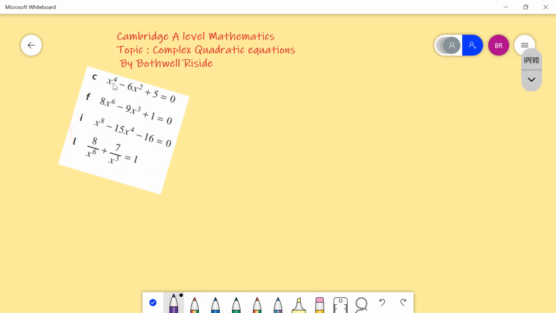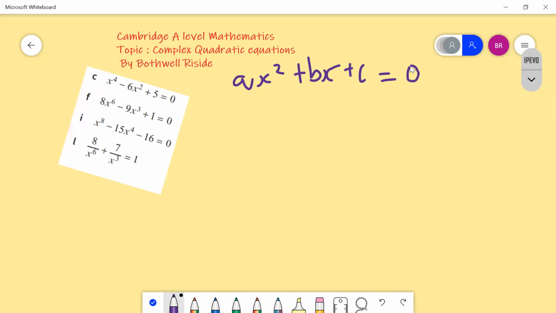You can see that this has got the power 4, this has got the power 2. These polynomials are a little bit tricky for us. So what you have to do here is to use a bit of common sense. We want to reduce this to be in the form of ax squared plus bx plus c is equal to 0.